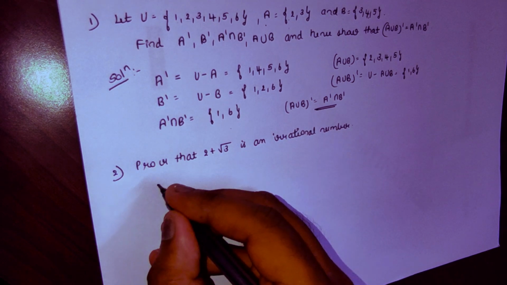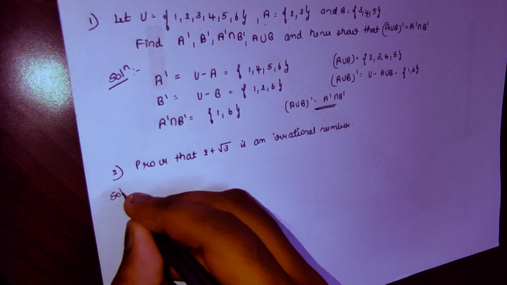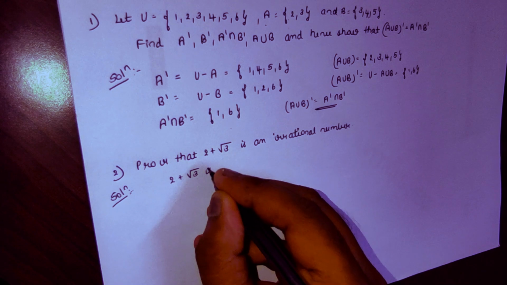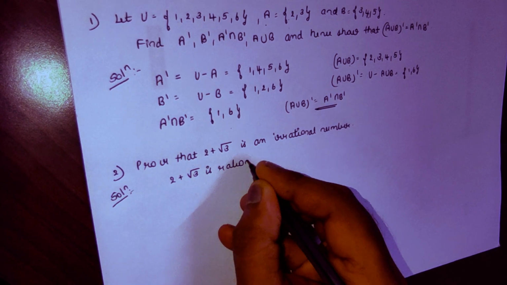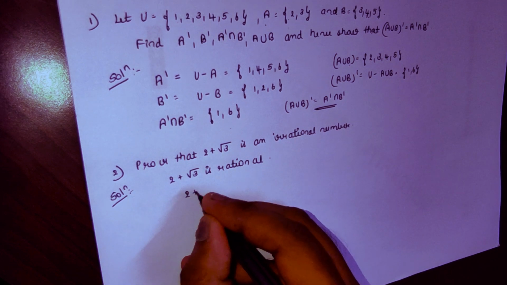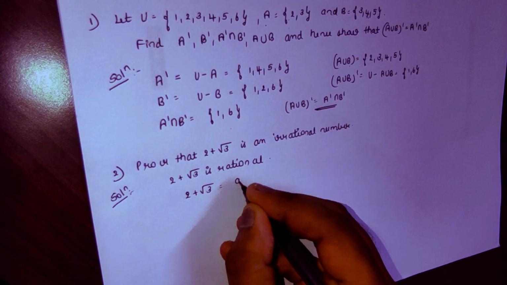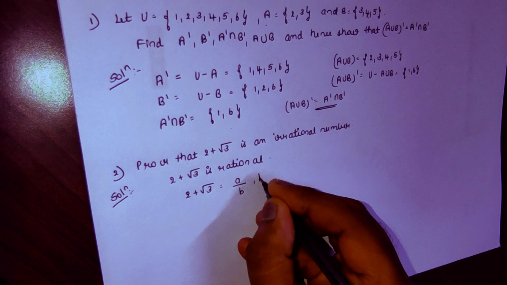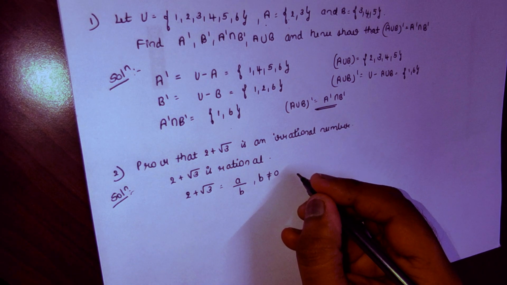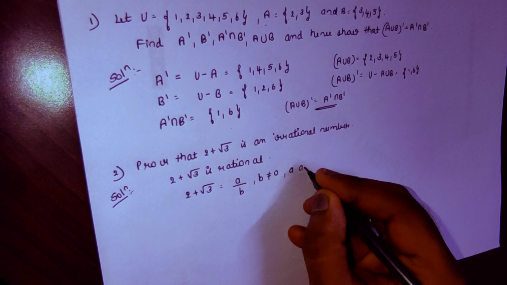First we will take that 2 plus root 3 is rational. If 2 plus root 3 is rational, then 2 plus root 3 is equal to a by b, where b is not equal to 0 and a and b are integers.